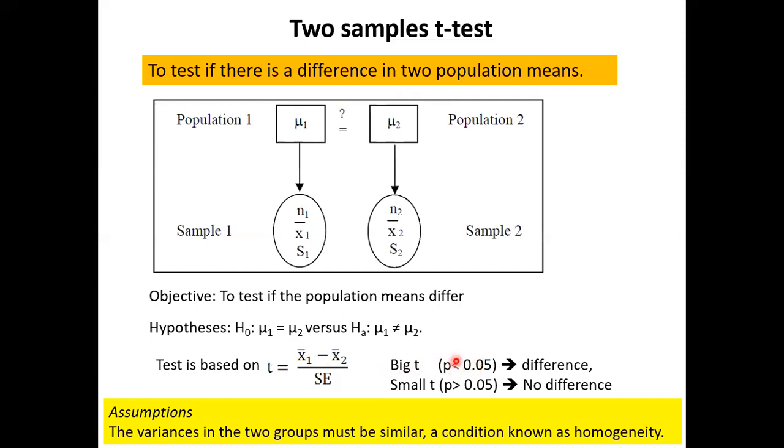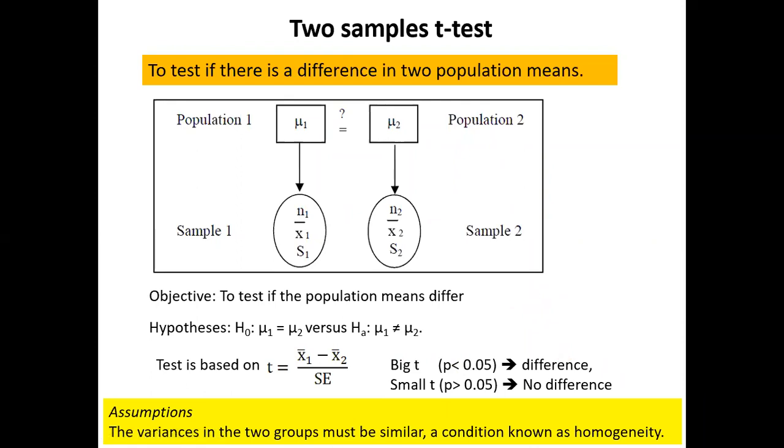So automatically, in the test, if the p-value is less than 0.05, we say there is a difference. If the p-value is more than 0.05, we say no difference. When these two are exactly the same, the t will be 0. As they get further and further apart, t becomes bigger and bigger, so the p-value becomes smaller and smaller until it is less than 0.05.